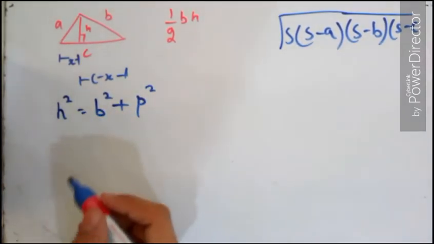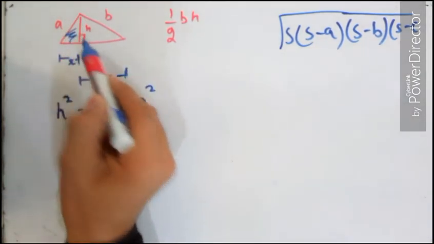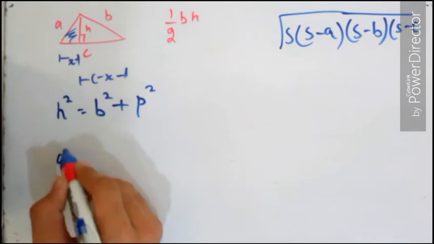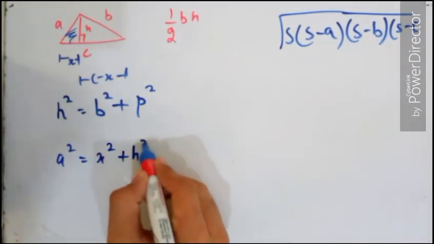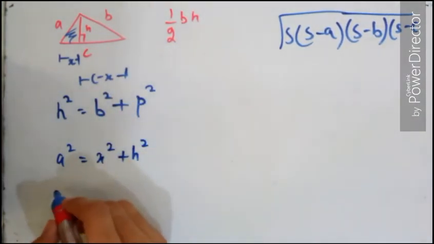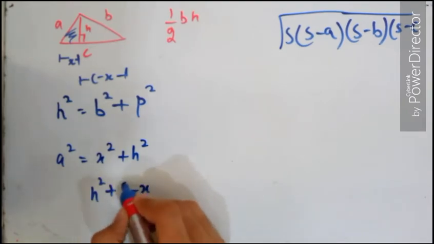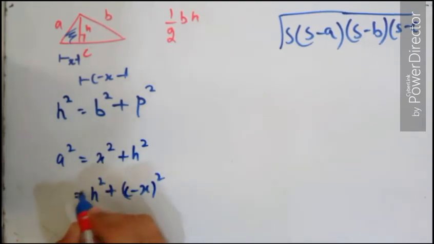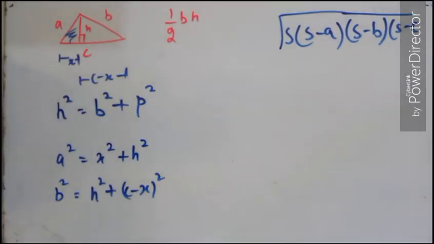So in this triangle, a squared is equal to x squared plus h squared, and similarly in this triangle, h squared plus c minus x whole squared is equal to b squared. So here we have the two equations.